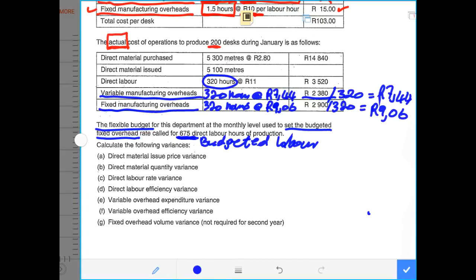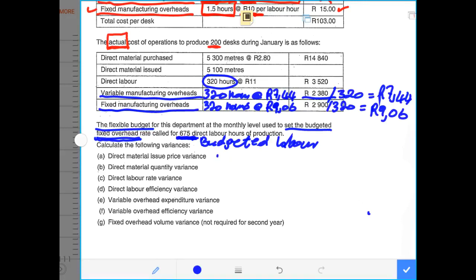Before we produce, we first have to have budgeted units, budgeted labor hours, and also material. So we can calculate our budgeted production.